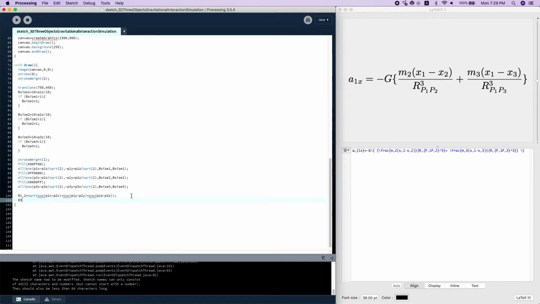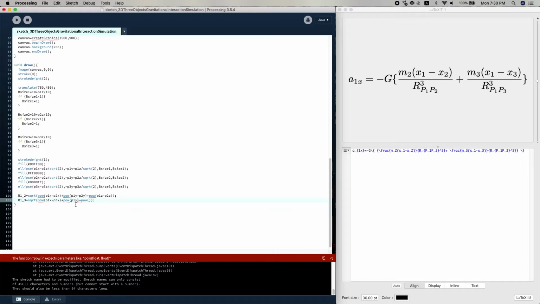And our radius from 3 to 1, so 1 to 3. Here we're going to get an expression for a1 of x. And in a1 of x, you see that we need the radius from 1 to 2 and the radius from 1 to 3. Our radius from 1 to 3 is going to be the square root of some power plus some power plus some power. That first power is going to be p1x minus p3x.